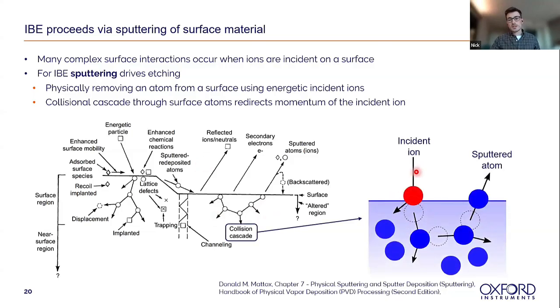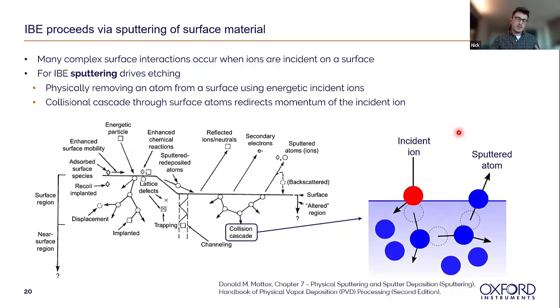An incident ion comes in, collides with a surface atom, and recoils it into the surface. The momentum is transferred to other atoms in the near surface, and eventually it is redirected out of the surface again, allowing sputtering to continue.